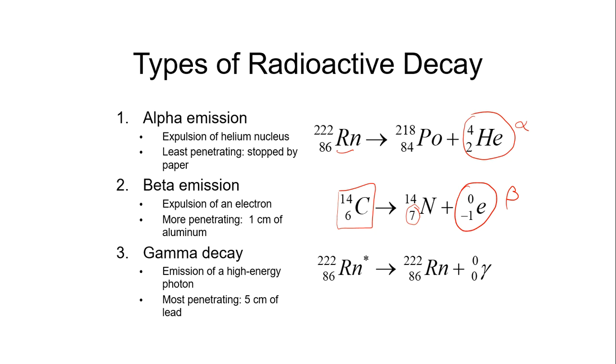It just emits this very high energy gamma wave, which is, of course, the highest energy electromagnetic wave we know of. And this can penetrate far deeper than either of the other two. It can penetrate 5 centimeters or more into a brick of lead, which is very good at protecting from radioactive materials.